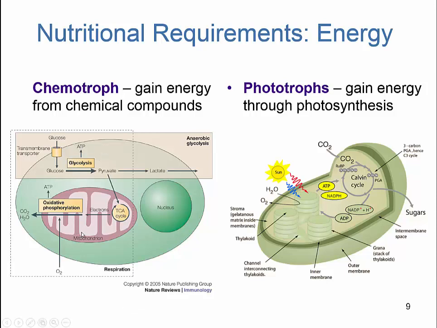And so shown here is glycolysis breaking things down to pyruvate, to the TCA cycle, and then going into oxidative phosphorylation. In other terms, the TCA cycle is the Krebs cycle, and oxidative phosphorylation is the electron transport chain. Glycolysis takes place in the presence or absence of oxygen, so it can take place in either case.